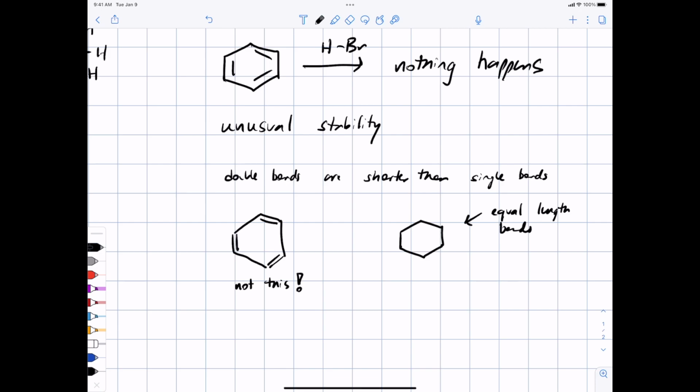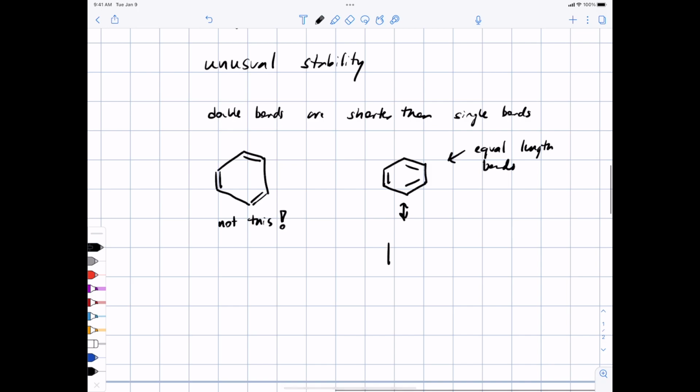And this is reflected in the fact that benzene has 2 resonance structures. They look identical and they vary only in the position of the double bonds.